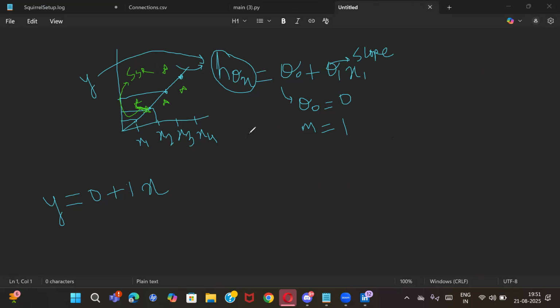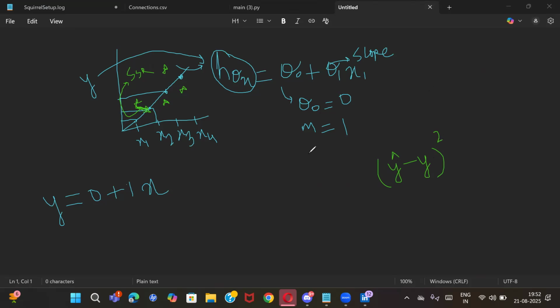In the cost function, we are subtracting this point from this point. So it will be y hat minus y, whole square.